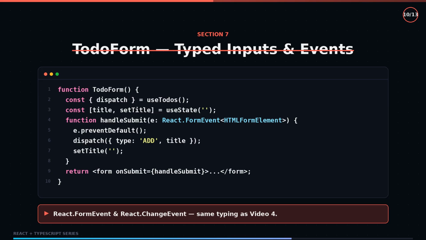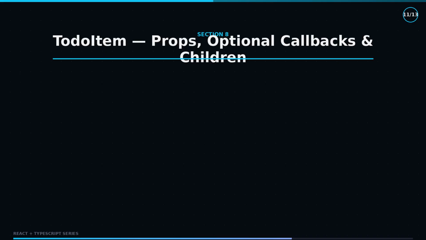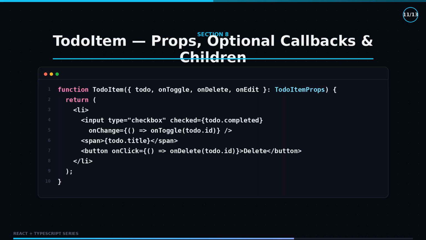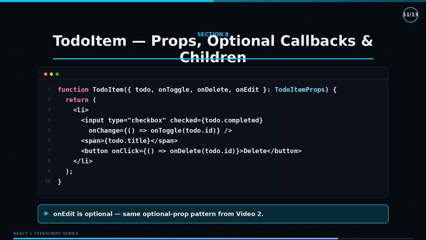Input value title, onChange, React.ChangeEvent of HTMLInputElement, setTitle e.target.value. Placeholder: add a task. Add button. React.FormEvent and React.ChangeEvent, same DOM event typing from video 4. Plug straight into this reducer's dispatch. Notice we never had to write a single type assertion to connect a form submit to a typed action.